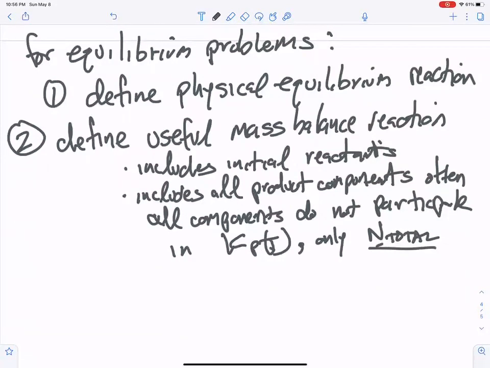They might have contributions to the total moles, but they're not part of the ratio of the mole fractions here. So this is a different reaction. It's useful because you can keep track of everything, but it's not the equilibrium process that we have to define separately.